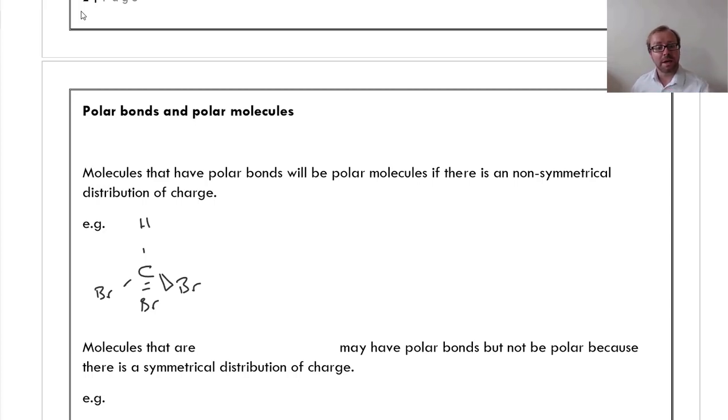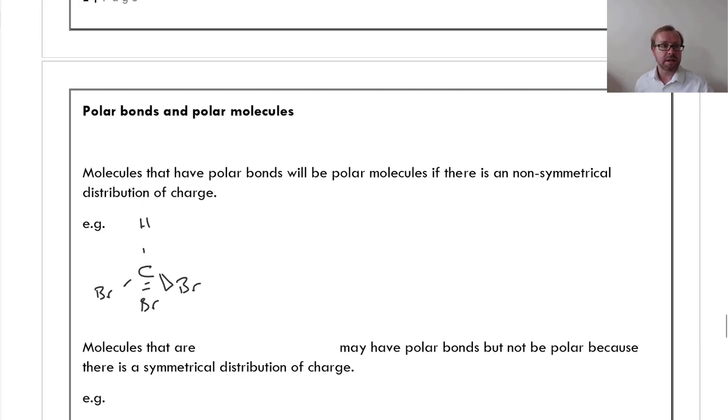To work this out, we have to look at the electronegativities of the bromine compared to the hydrogen. Bromine is much more electronegative compared to hydrogen. Therefore, the electrons will be pulled towards the bromine atoms in these covalent bonds.